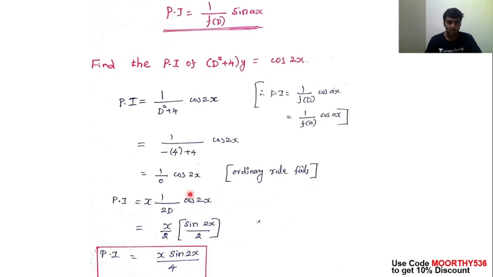So cos 2x integrated with respect to x is sin 2x divided by 2. When integrating cos 2x we get sin 2x, and the coefficient 2 again comes in the denominator. So x into sin 2x divided by 2 into 2, which is 4. So this is the particular integral for the given differential equation in the sin ax or cos ax format. We are going to discuss one more problem regarding that.